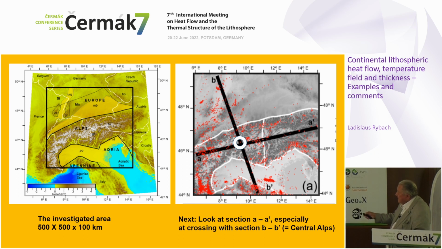And actually, their work was to see a relationship between temperatures and seismicity. The red dots are earthquake foci. So now we look at this cross-section, especially its crossing point. This is right in the Swiss Central Alps.